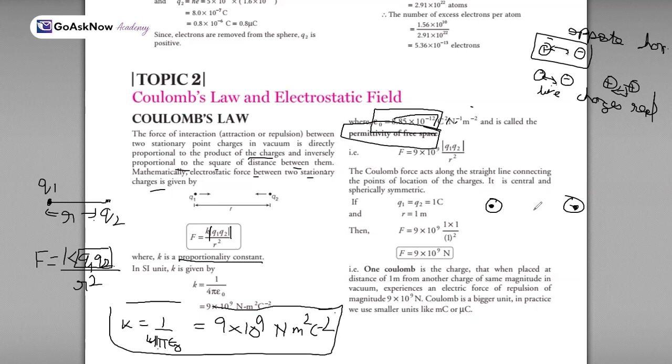If it is attractive, for positive and negative charges, it will act centrally in a straight line like this. If it is for like charges and repulsive, then it will act away from the center. So this denotes repulsive nature, and this denotes attractive nature.